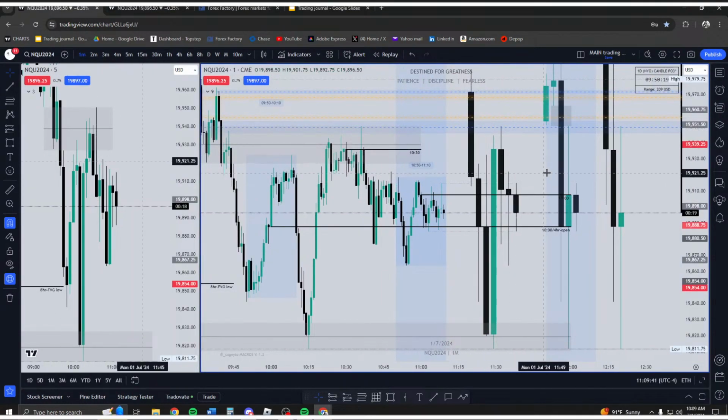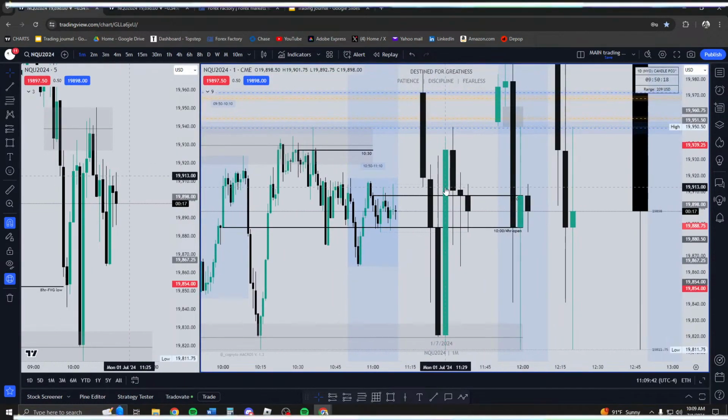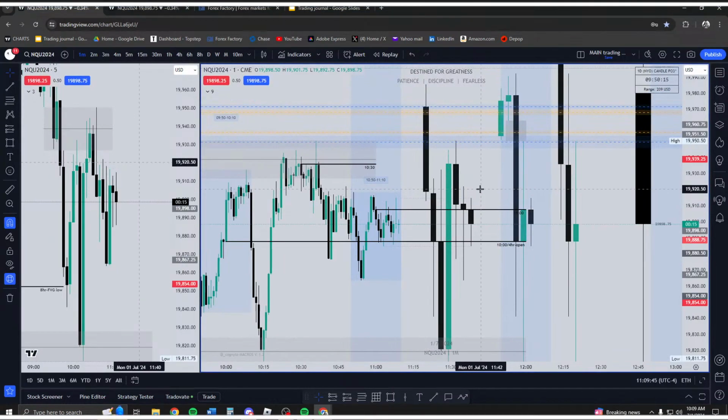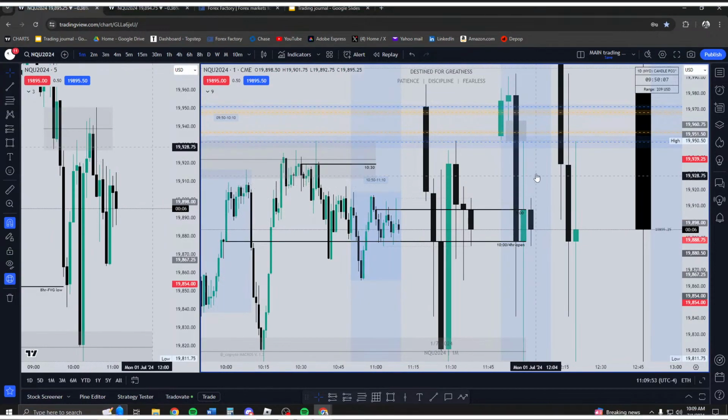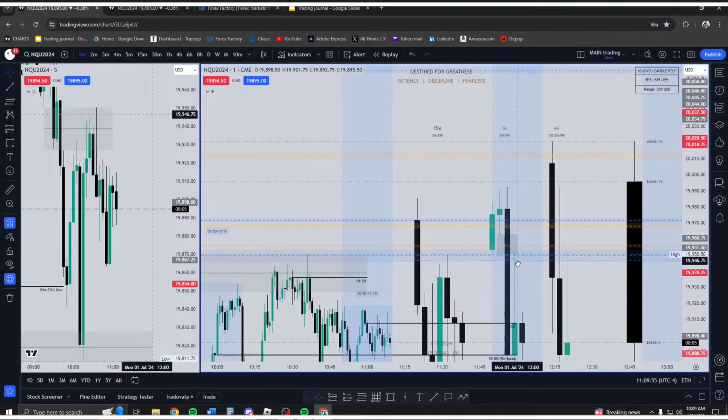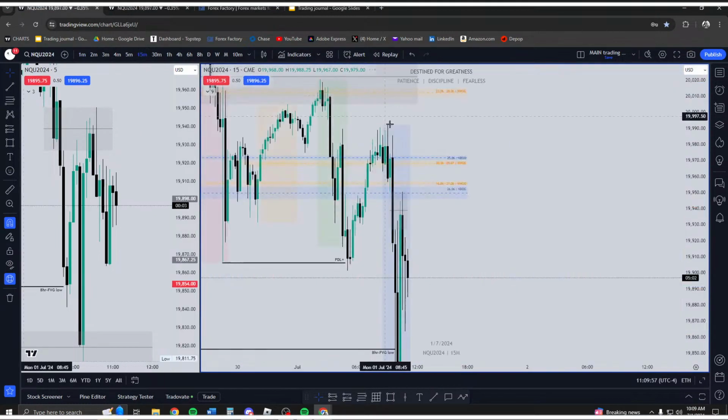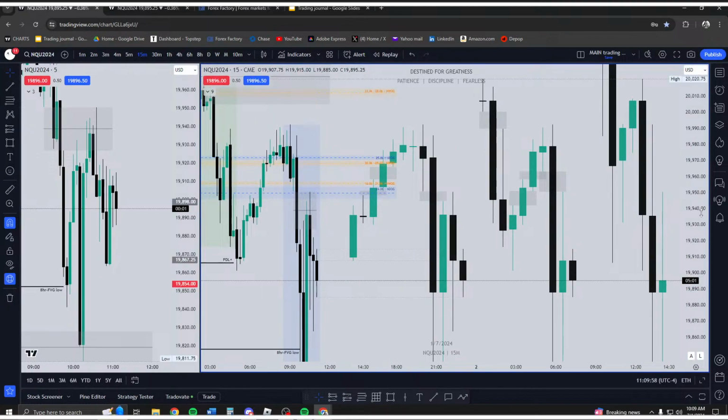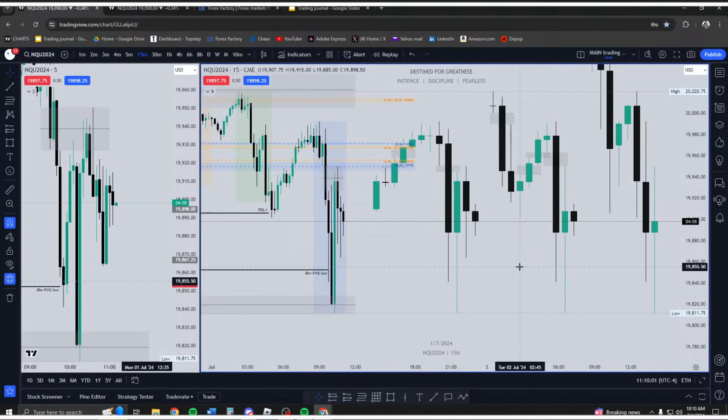There wasn't a 30-minute high. It's not aligned with another time frame, so the 30-minute objective is different from the 15-minute objective, if that makes sense. Which is probably why I had to take that one off.